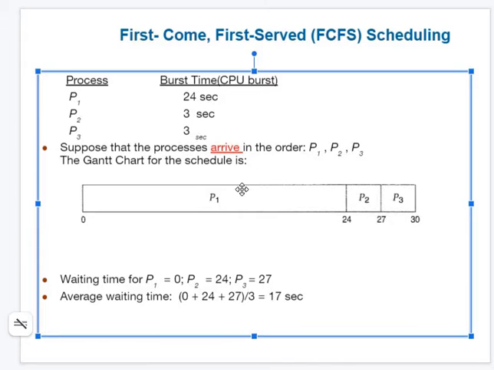Here we have one technique called the Gantt chart, through which we solve how the processes are arranged and executed. Actually it is a two-dimensional graph, x-axis against y-axis. Here the y-axis we are not mentioning, just the x-axis is important. The x-axis gives us time as the measuring value.